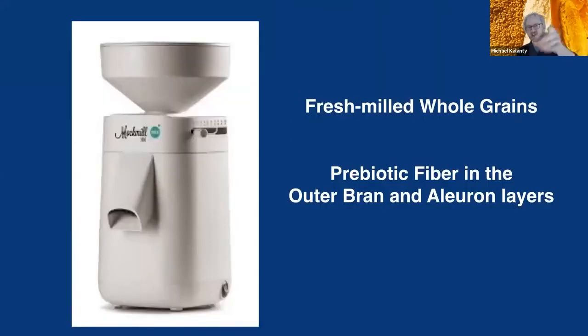Well, you know what also helps you? Fresh grinding your grains to order. The reason is that most of the prebiotic fiber is in the bran and the aleurone layer of the grain.